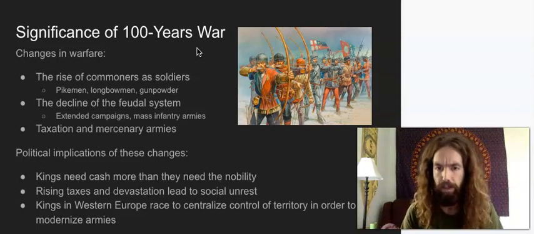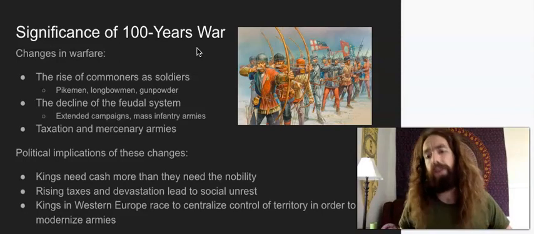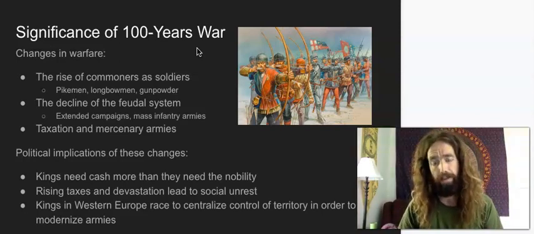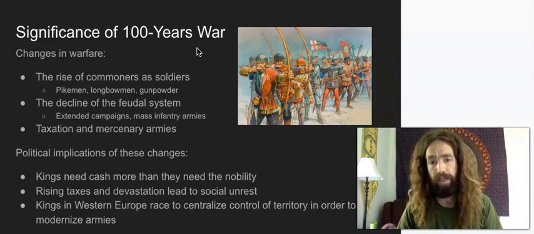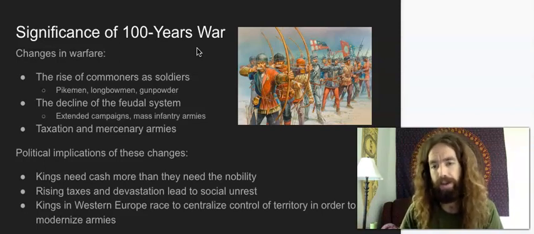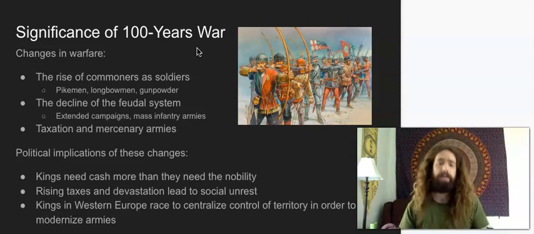That is, dudes with pointy sticks and dudes with huge bows, bows that have like over 120 pounds of resistance. So you have to be like a pretty strong guy just to pull the thing back. But these things can then fire huge arrows over like hundreds of yards that can kill a horse or penetrate through certain types of armor.